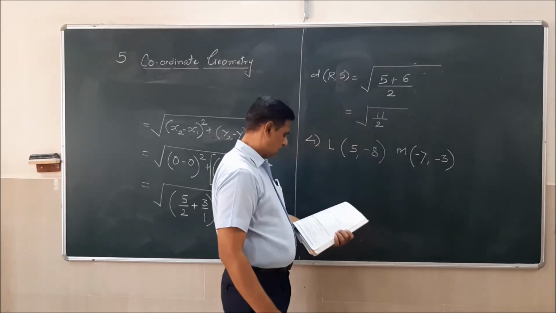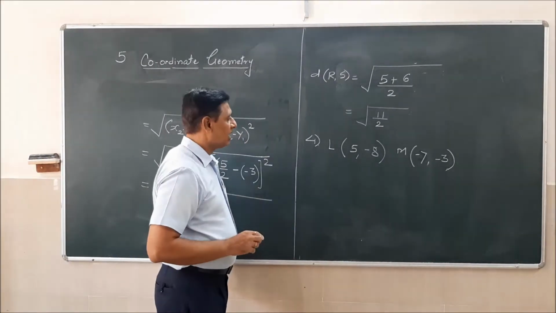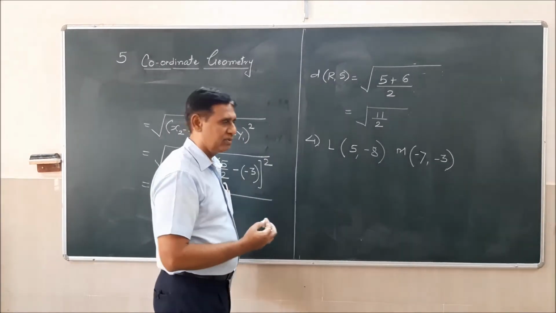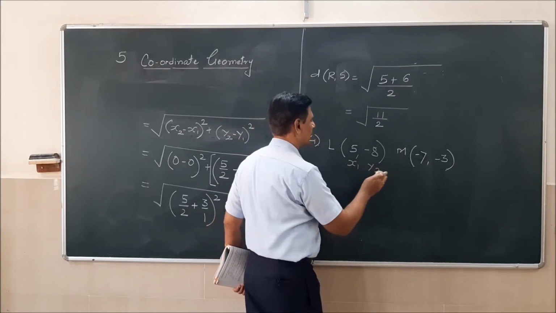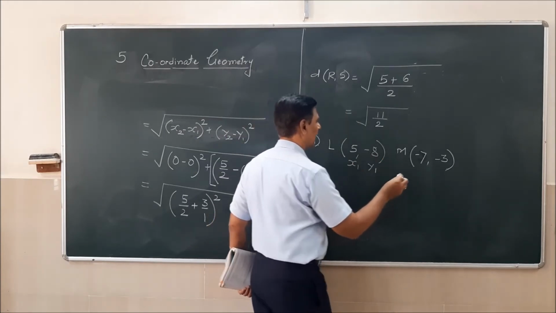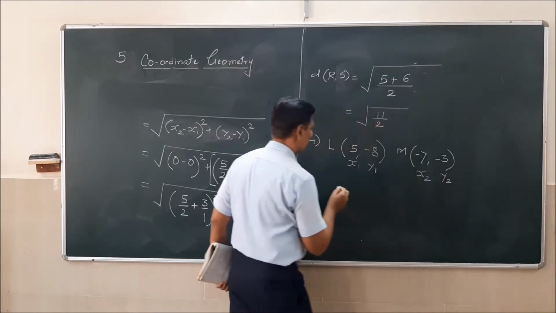Please take the coordinates 5 comma minus 8 and minus 7 comma minus 3. In this case also, I am going to label them as x1, y1, while the coordinates of M as x2, y2. In a very simple way.